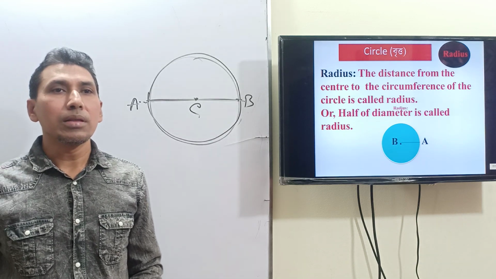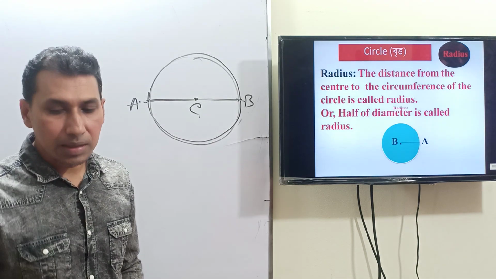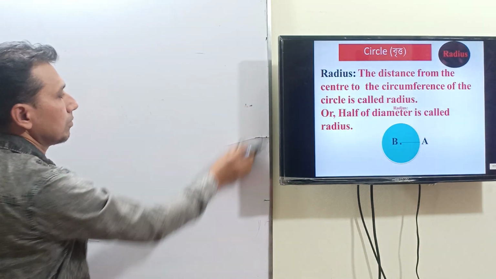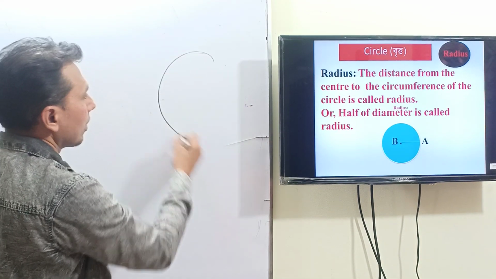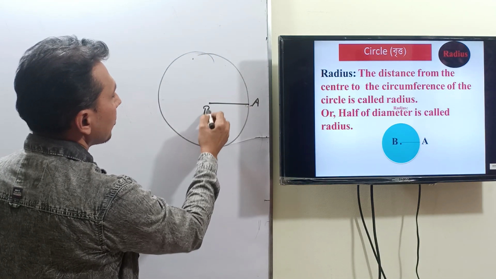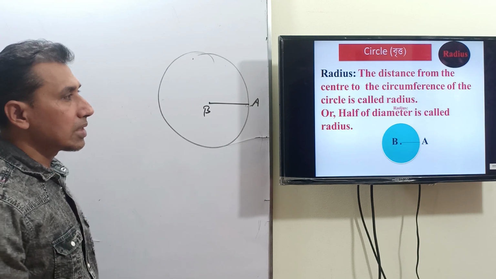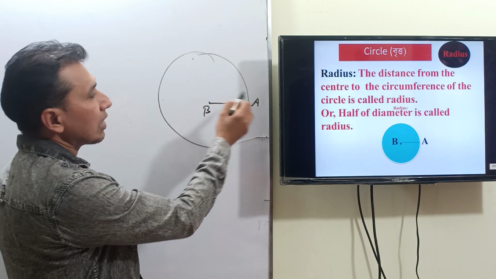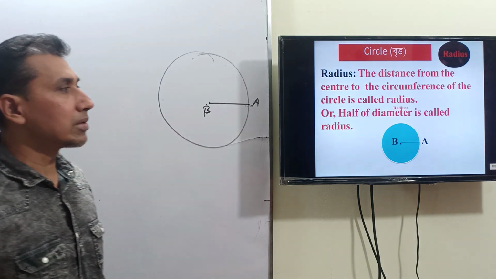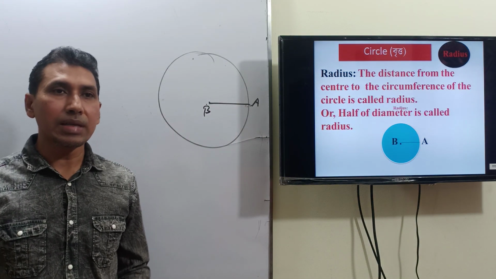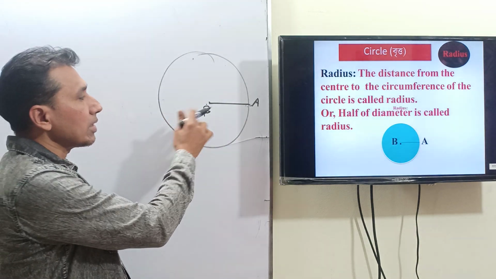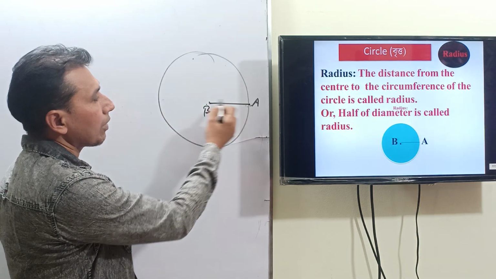Another one, radius. This is a circle, A, B. The distance from the center to the circumference of the circle is called the radius, or we can say half of the diameter is called the radius.